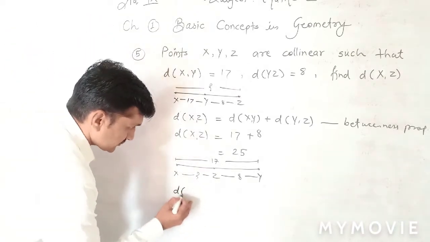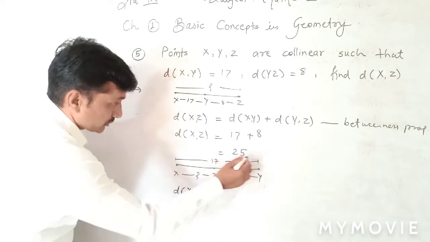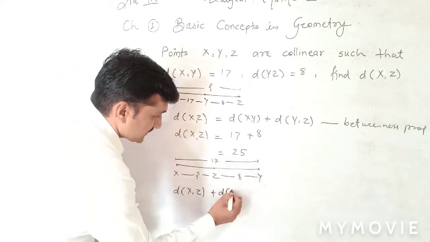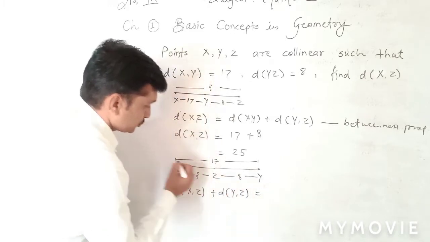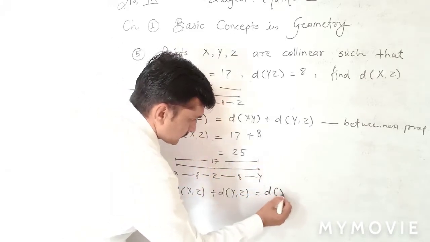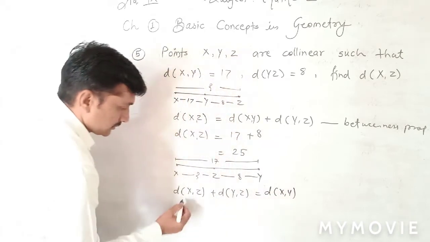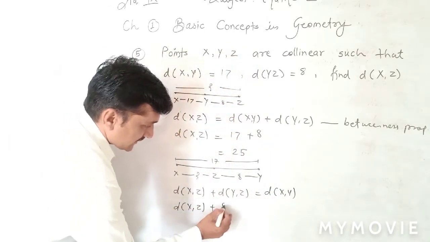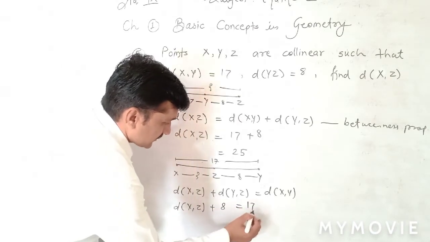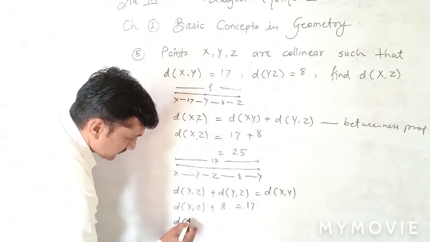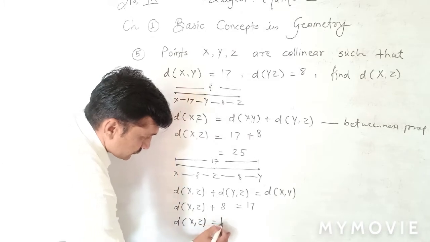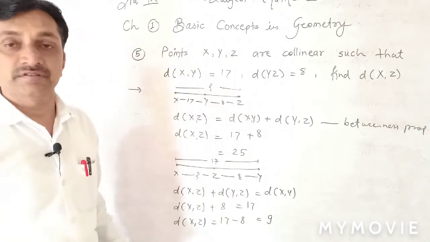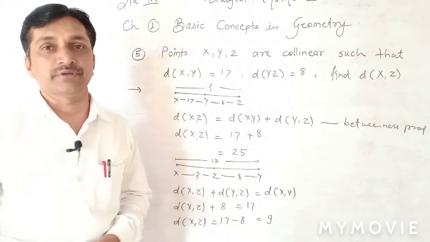Again, distance XZ plus distance YZ is equal to the total, XY. XZ we have to find, YZ is 8, XY is 17. Therefore, distance XZ is equal to 17 minus 8, and the subtraction is 9. This is the second distance by the second possibility.